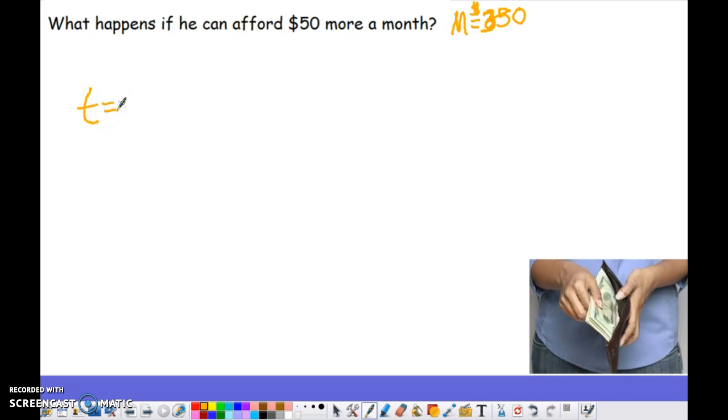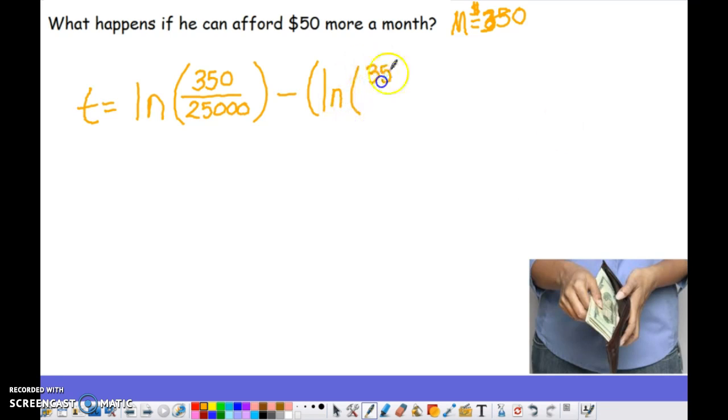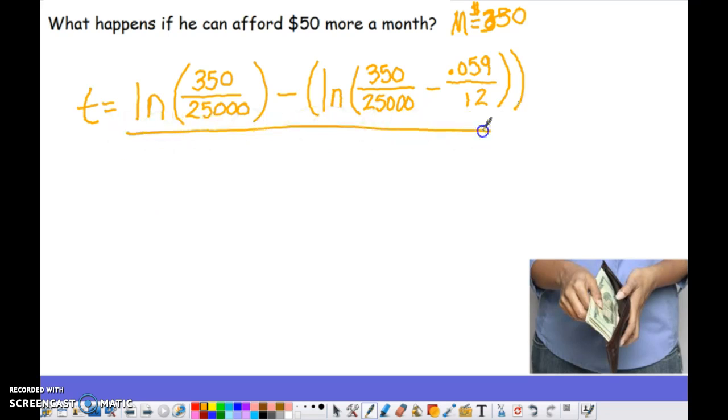Still trying to find the length of the loan, so I use my length of a loan formula, which is natural log of, instead of 300, I have 350 over 25,000, minus, parentheses, natural log of, again, my monthly payments, which is $350 over my principal, which is $25,000, minus my rate, which is still that 5.9%, so 0.059 as a decimal, over 12, close my parentheses, all divided by 12 times the natural log of 1 plus my rate over 12.